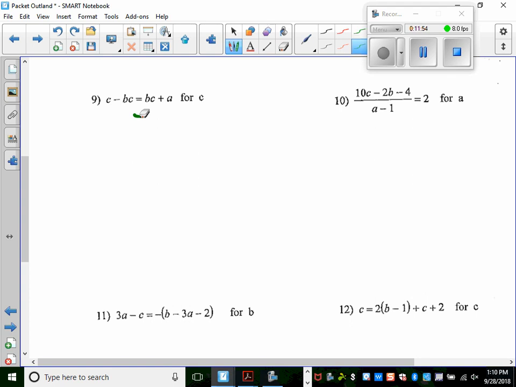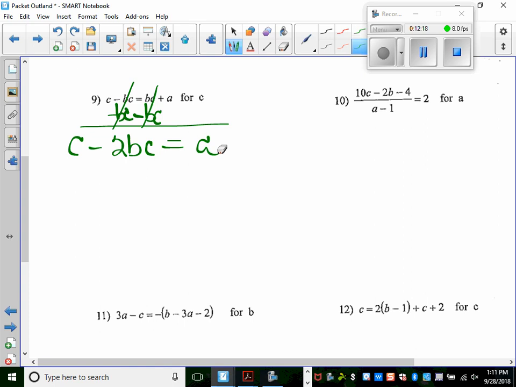So let's subtract BC here and BC here. Let's get them all to the left. So that's going to give me C minus 2BC. Is that correct? Yes. Equals A.